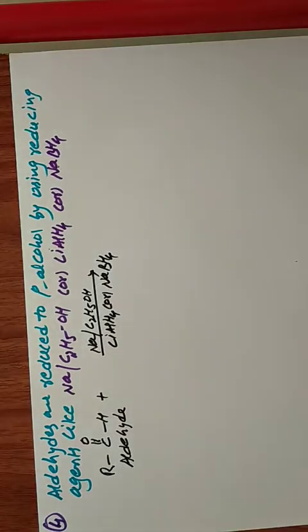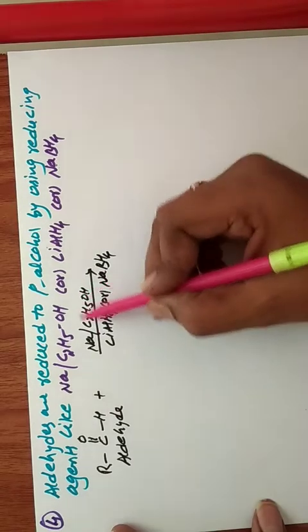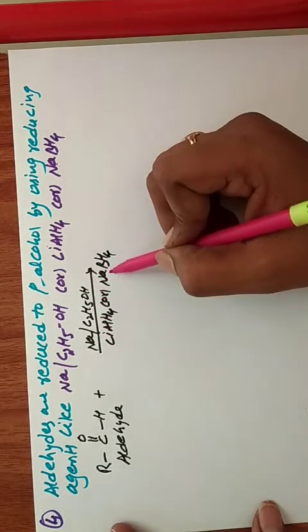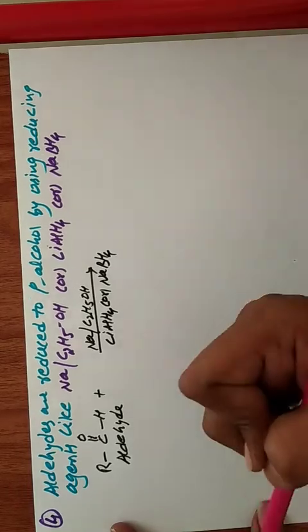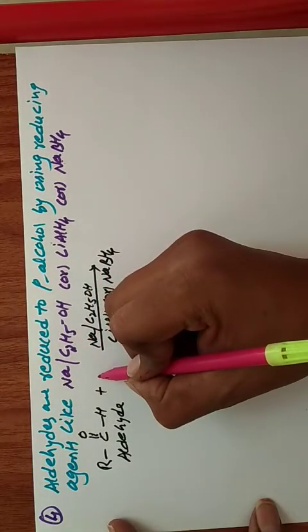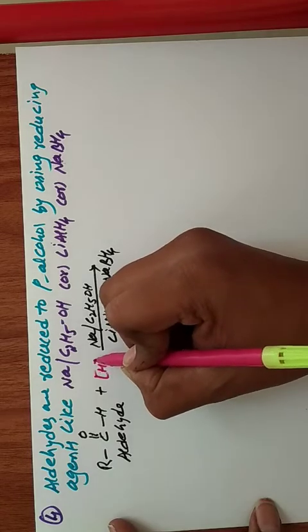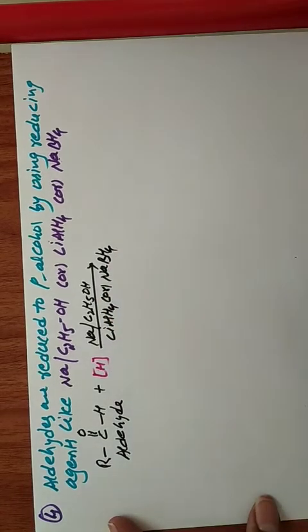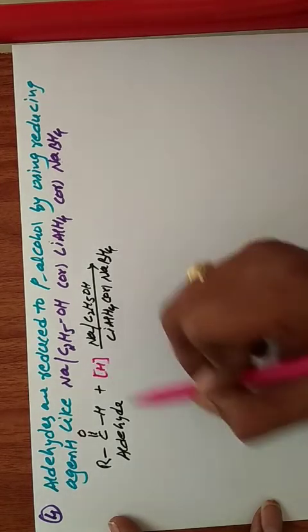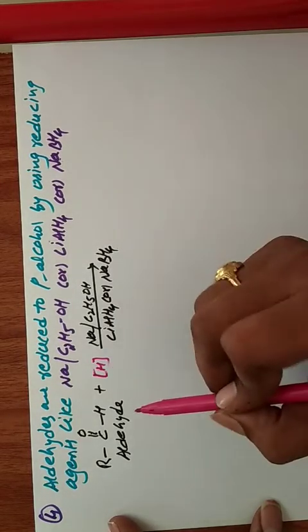NaBH4. These three chemical compositions, LiAlH4, or sodium with ethyl alcohol, or NaBH4, release hydrogen atoms. That is called nascent hydrogen atom. It is represented by a big bracket. Big bracket means hydrogen atom, not molecule.